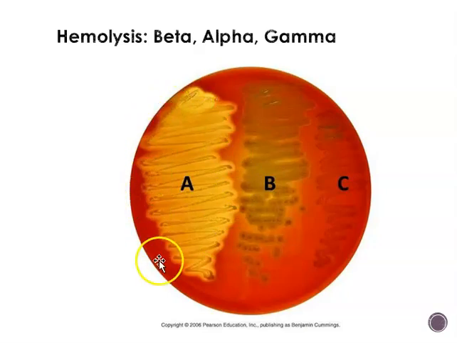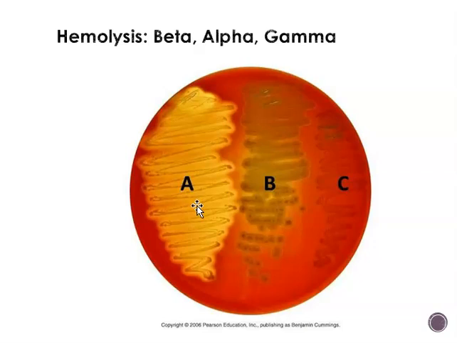So here are a few examples. That's beta hemolysis. You can see where the organism has been streaked, and around the actual colony, on this image it looks yellow, but it's cleared. It's broken down all of the blood in the media in that area around the organism.